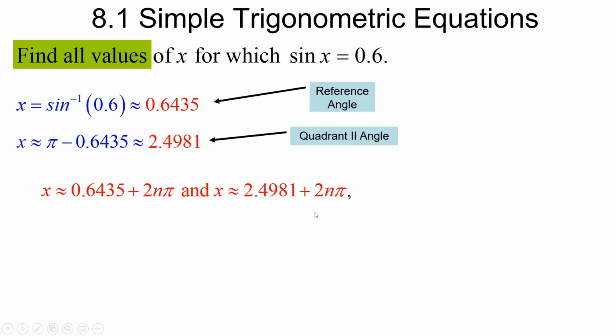Plus 2m pi. Now notice my comment in black. I'm going to tell you that this n is any integer, and that is implied. If you're using an n like this, we all know you're talking about any possible integer: dot, dot, dot, -2, -1, 0, 1, 2, dot, dot, dot. All right. But I want to put this in here for instruction right now.